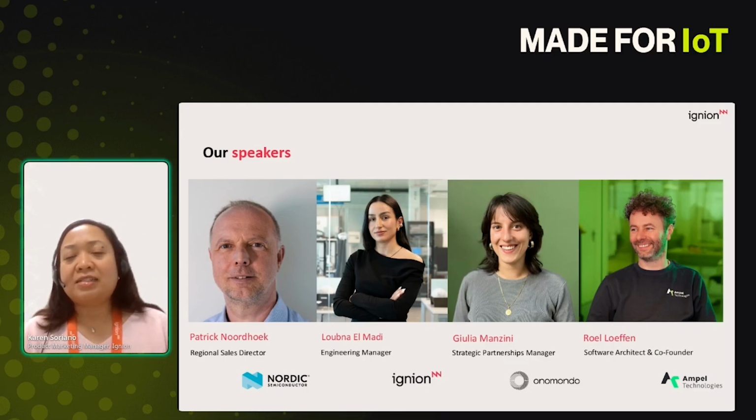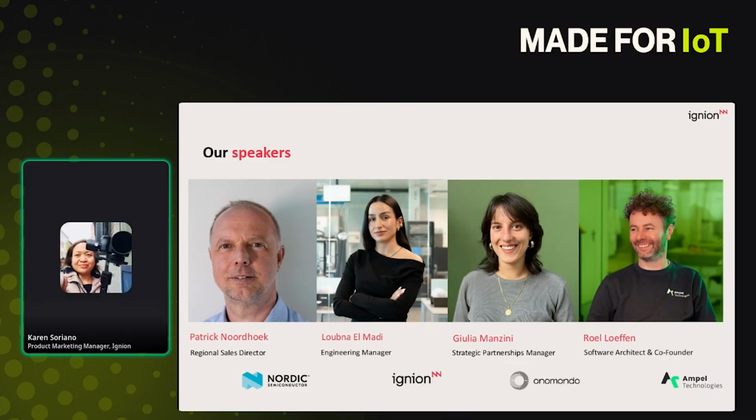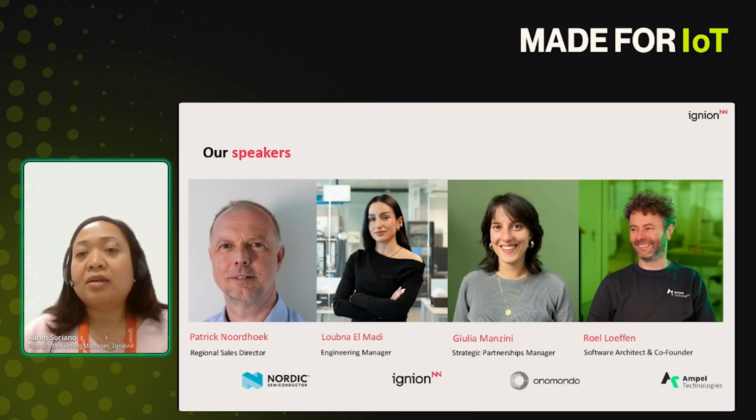Now, what makes this discussion especially relevant is that this is not just a theoretical panel. Ignion has been working together with Nordic, Onomondo, and Ampel around the Ampel device and case study story. So when the opportunity came up to contribute to Onomondo's panel discussion, this topic felt like a very natural fit.